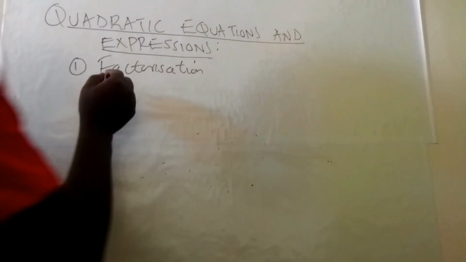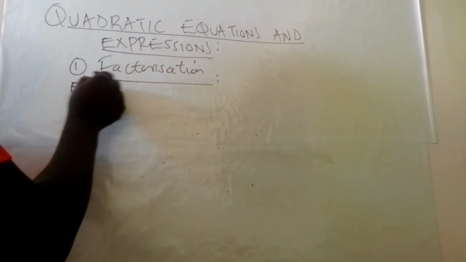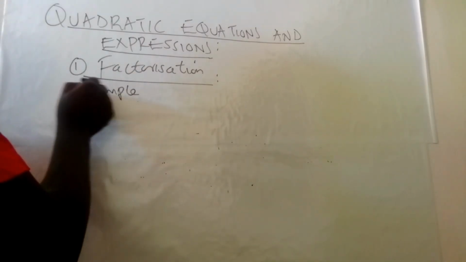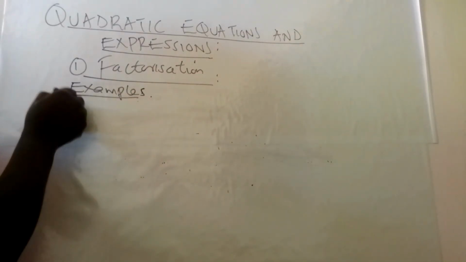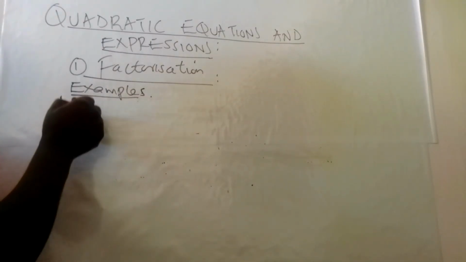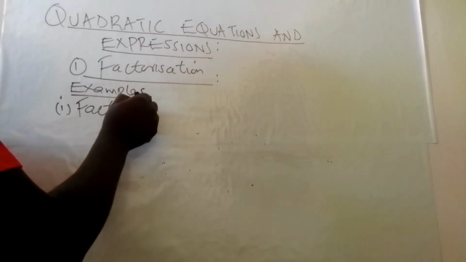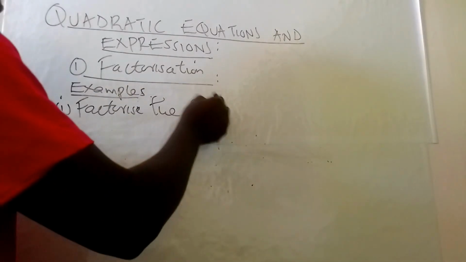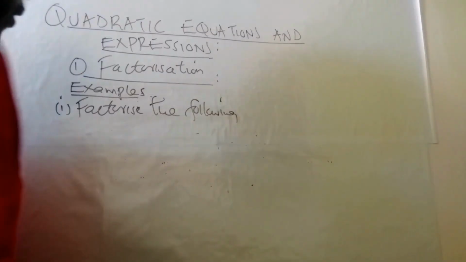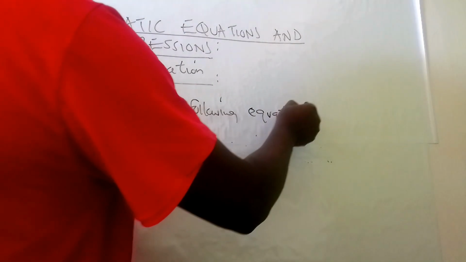So, number one is factorization. I'm going to lead you through an example or examples. Roman 1, factorize the following equations.